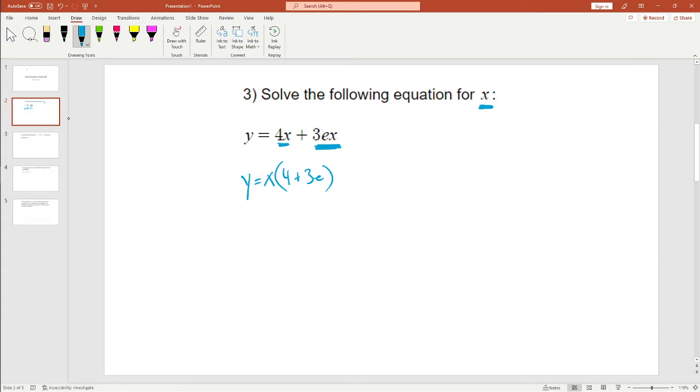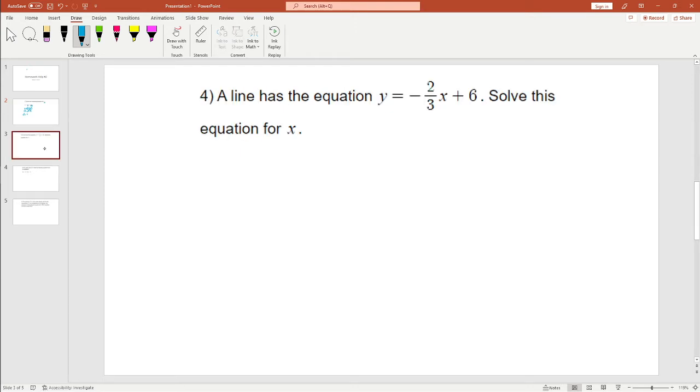So I'm left with y equals x, and then on the inside 4 plus 3e. And if I don't want this 4 plus 3e to be here, well, let's just divide by 4 plus 3e on both sides, because if I divide and multiply by the same thing, those are going to cross out. So I'm left with x equals y over 4 plus 3e. This one was a little wonky.